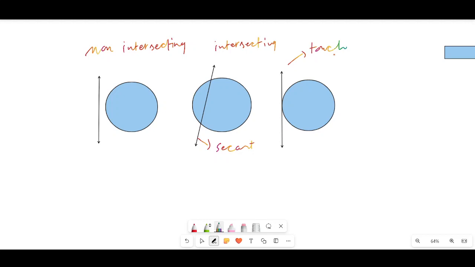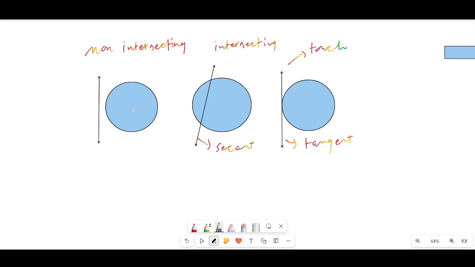Now this line touches only, so we can say this is a tangent. Clear? This is a tangent. So we got three types: one is the non-intersecting line, the second is the secant line, and the third is the tangent line.